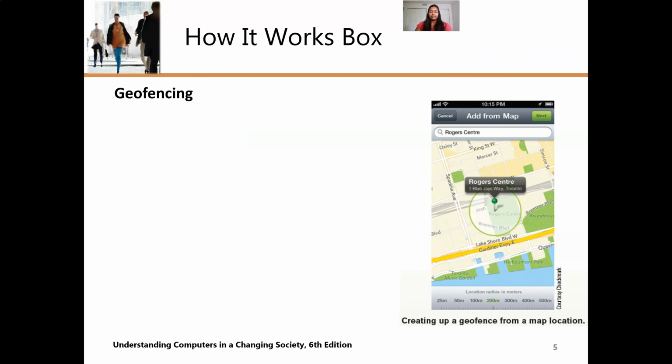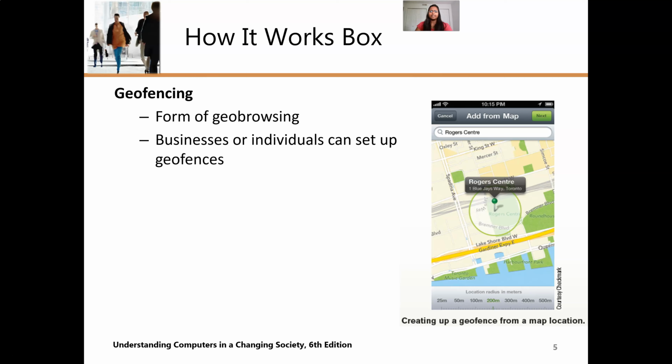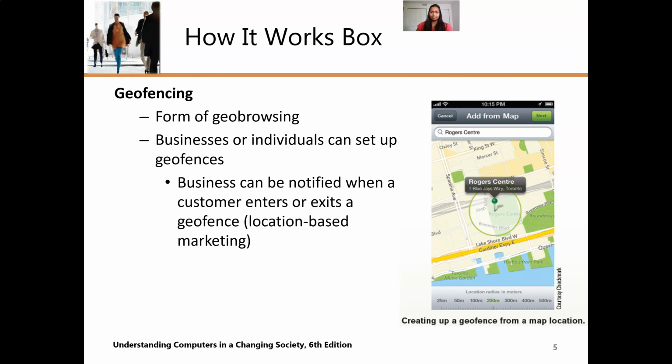So, let us see something called geofencing. What is geofencing? A geofence is a virtual perimeter, as you can see here, for a real-world geographic area. A geofence could be dynamically generated as a radius around a point location.